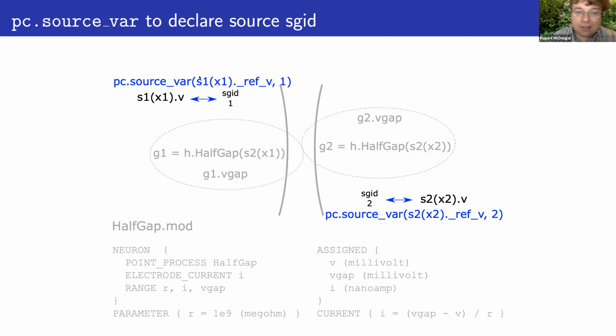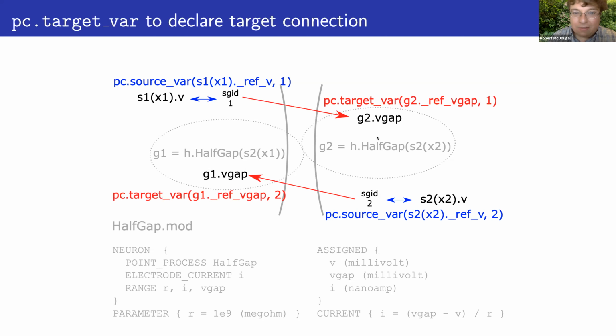So what we'll do here, instead of assigning a pointer to a value, is use the parallel context object to identify a number. We're going to read the variable, and analogously to defining a source variable, we'll define a target variable, which has the exact same syntax, except now our pointer is going to get the values from cell 1. And that's it. Then we'll do everything else that we've done with our simulation.